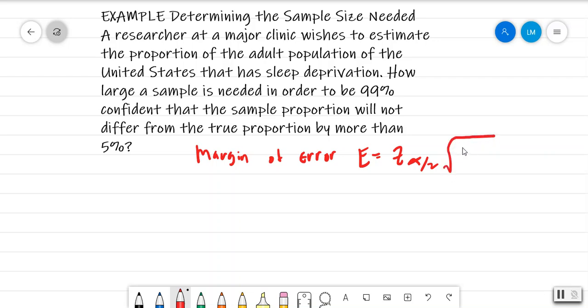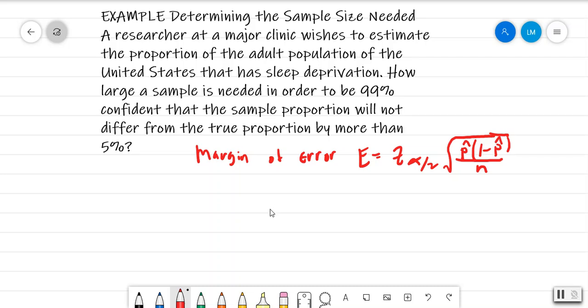But the standard deviation is the square root of p hat multiplied by 1 minus p hat, and all of this is divided by n.